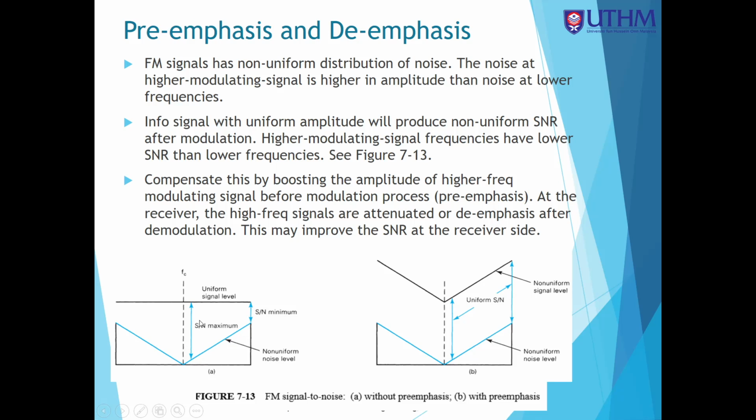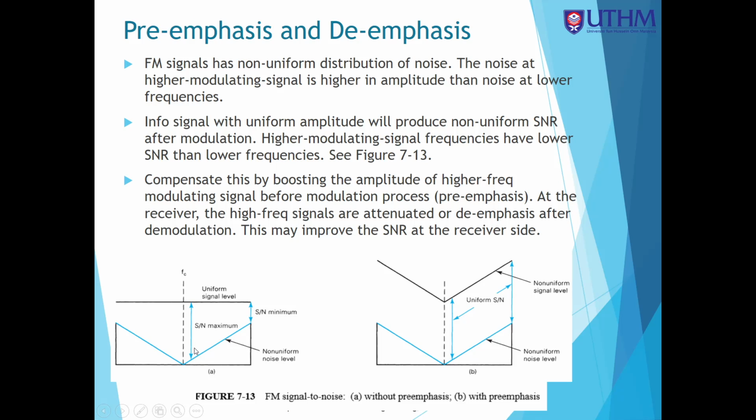Okay, so therefore kita akan dapat nilai SNR yang kecil untuk nilai FM yang besar. Manakala kita akan dapat nilai SNR yang besar untuk nilai input FM yang kecil. Okay, so ini disebabkan oleh berlakunya noise dalam sistem tersebut.